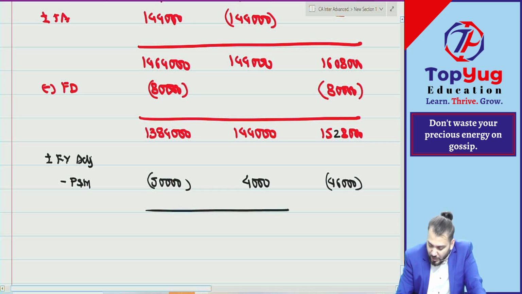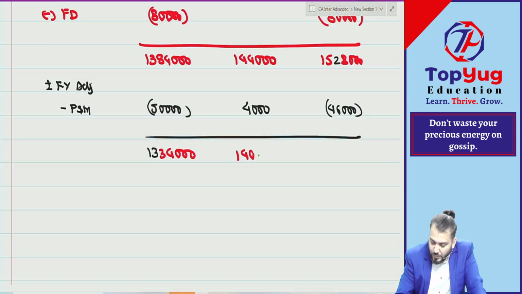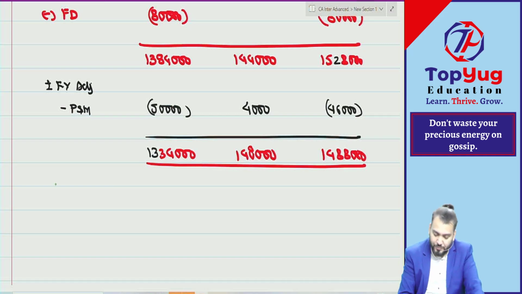Now what is the amount? It is 13 lakh 34,000. This becomes 1 lakh 48,000. And this is what? 15 lakh? No, 14 lakh? 14 lakh, right? 88,000.